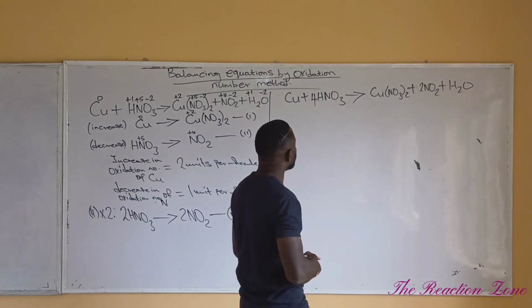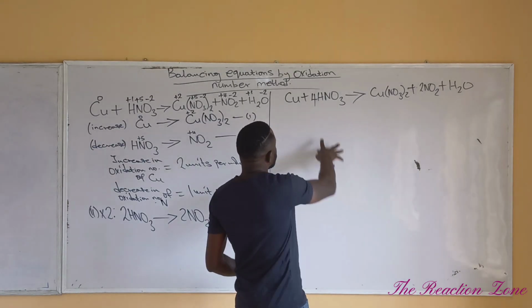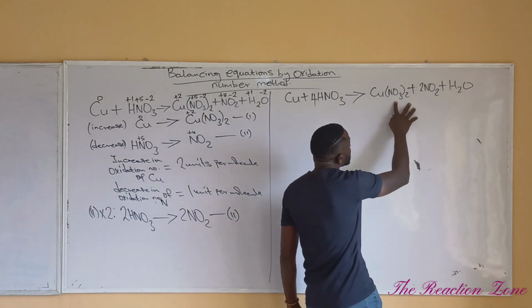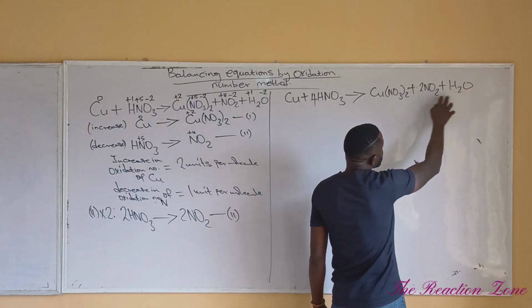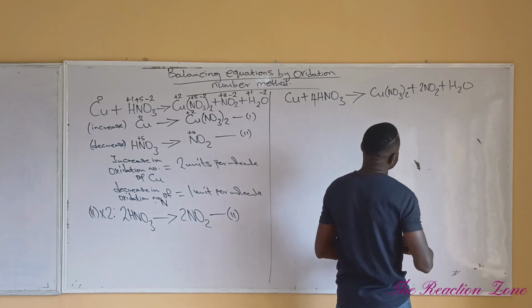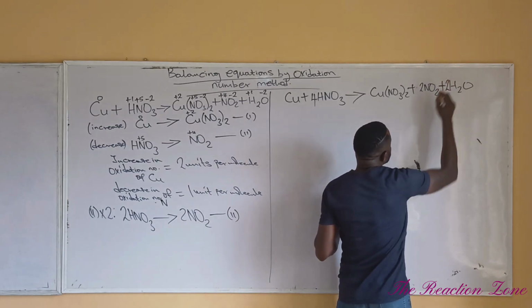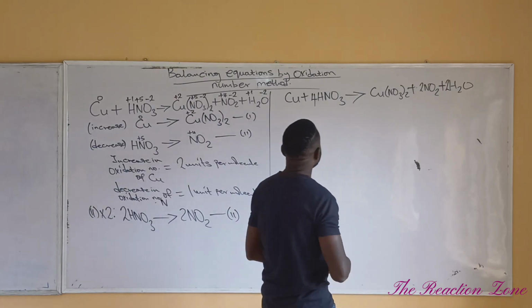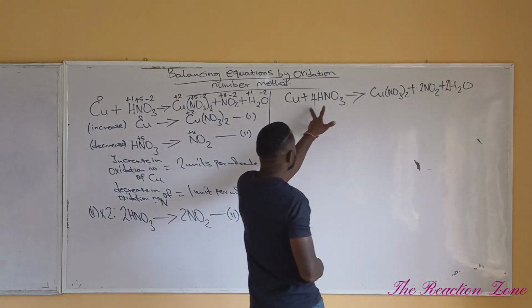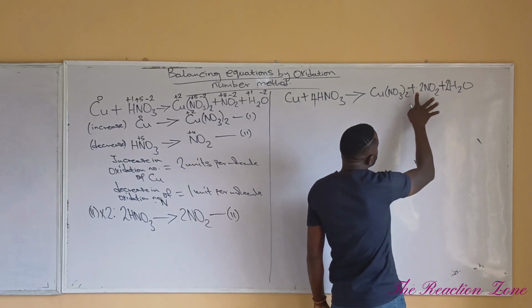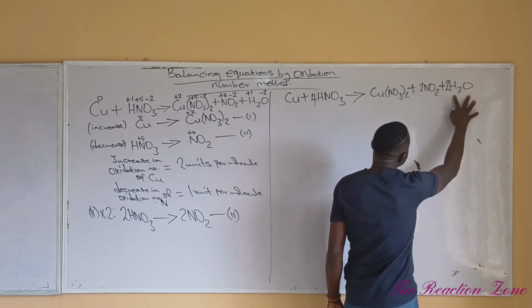Now let's see if oxygen and hydrogen are balanced. Oxygen here is 12, oxygen here is 6, plus 4, 10, plus 1, 11. So if we decide to add 2 here, for instance, let us check if oxygen is balanced now. Oxygen here is 12, oxygen here is 6, plus 4, 10, plus 2, 12.